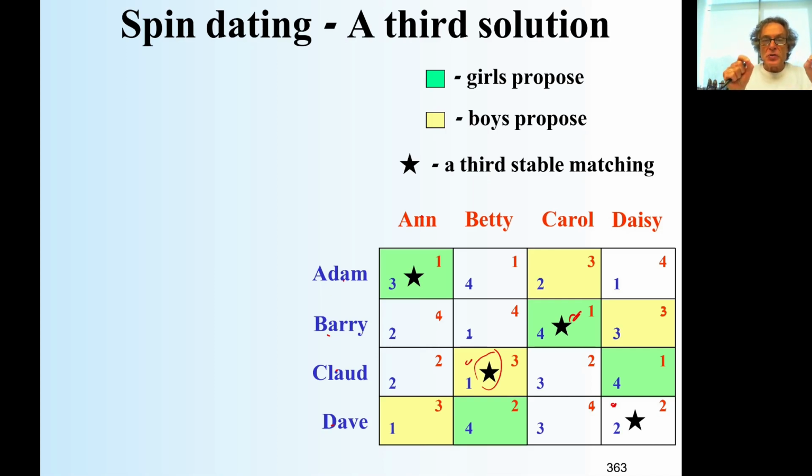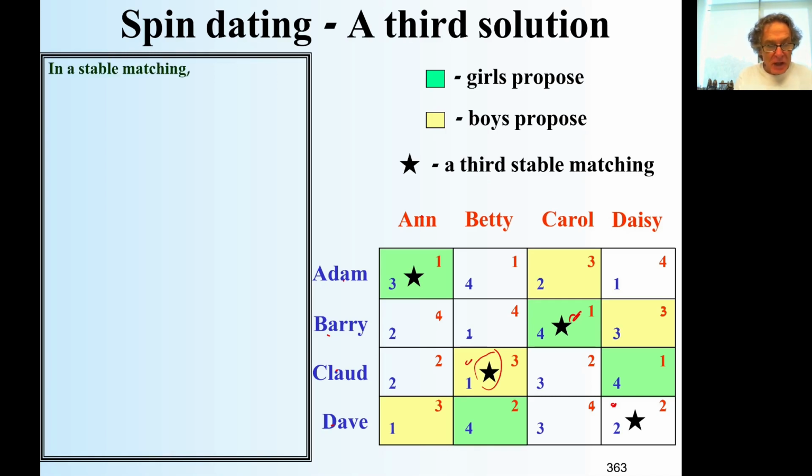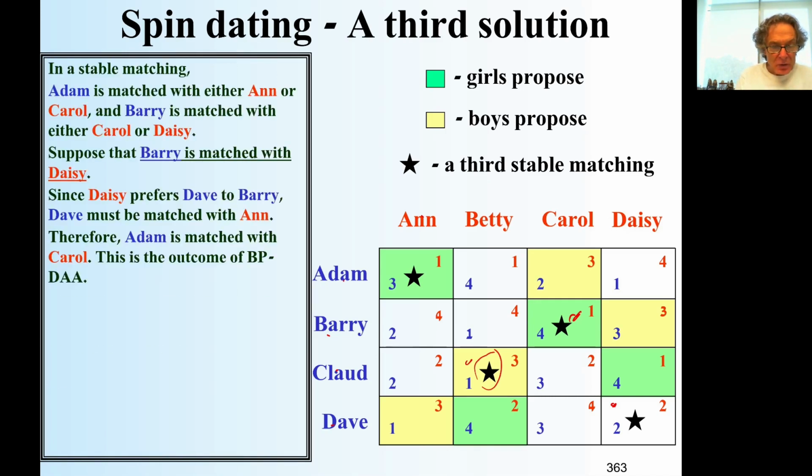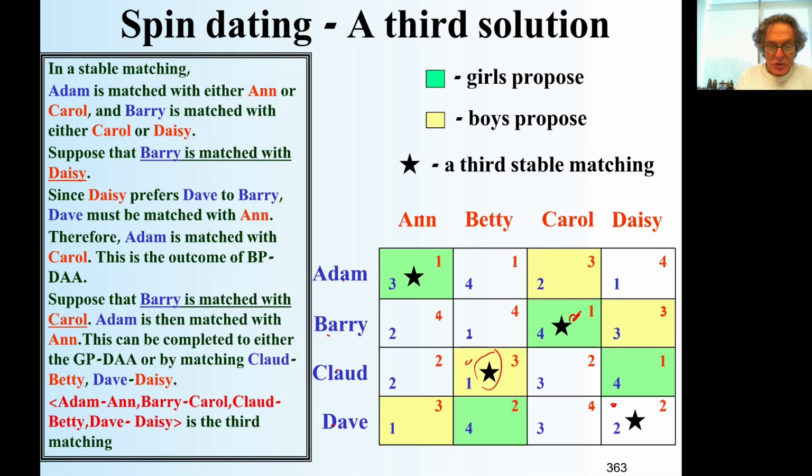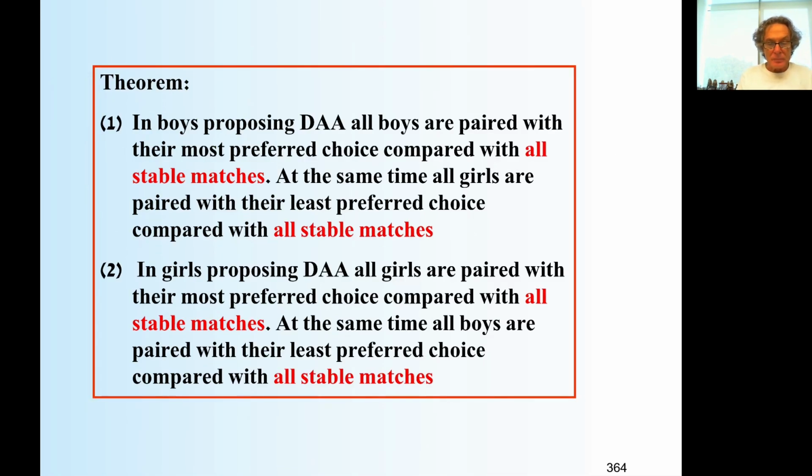We focus only on 2 of them: boys proposing DAA, girls proposing DAA, Deferred Acceptance algorithm. This is to explain what's going on with the new one. I don't want to spend time on that. You can do it yourself.